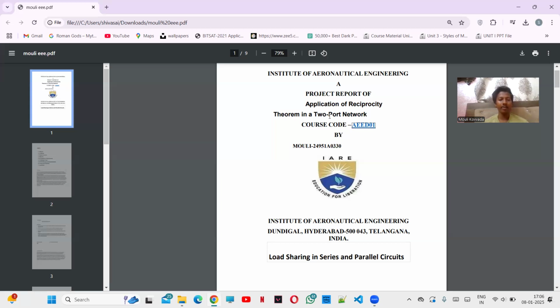leading to system failure. And the next, in a parallel circuit, load sharing happens through current division, and each branch receives the same voltage, but the current through each branch is inversely proportional to its resistance. Components with lower resistance draw more current, while components with higher resistance draw less.